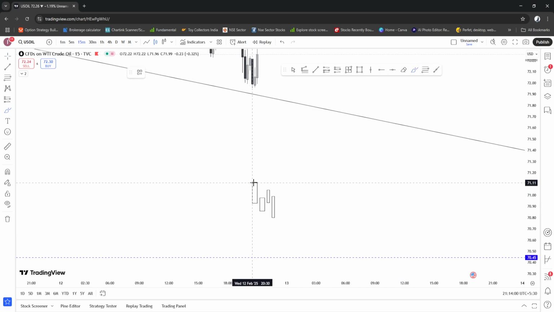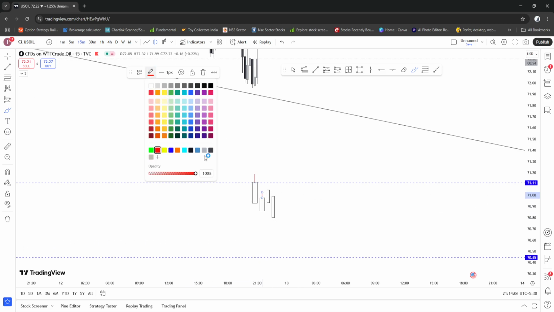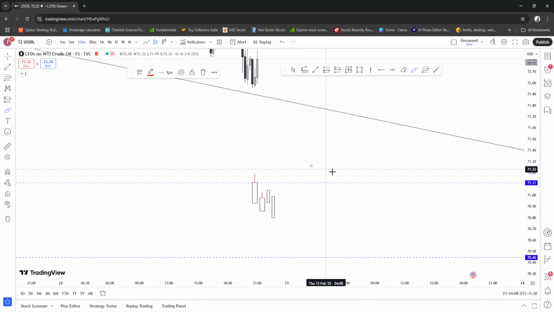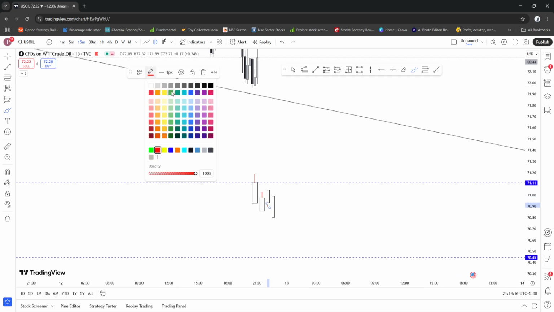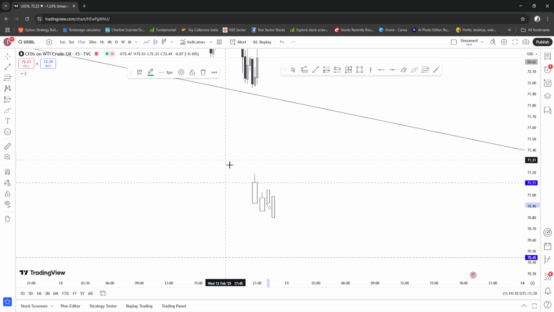So if you guys see, this is a red candle, this is a red candle. Okay, next is this is a green candle. Alright guys, this is a green candle. A green candle is a pullback candle, and then another red candle should form here.